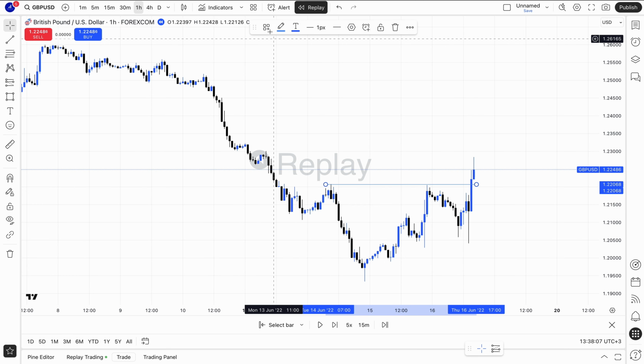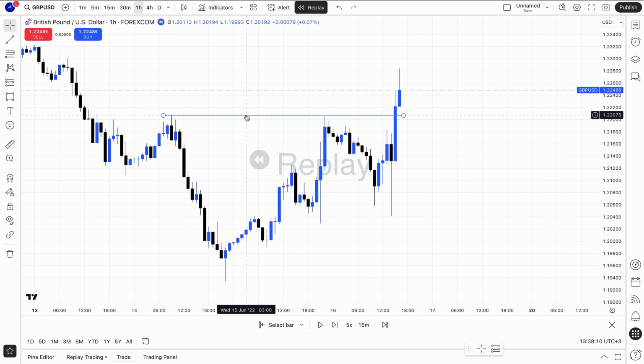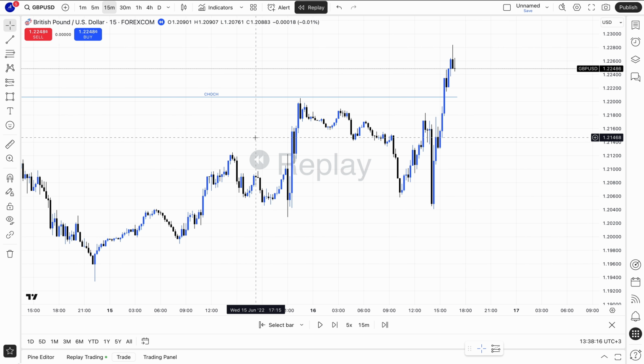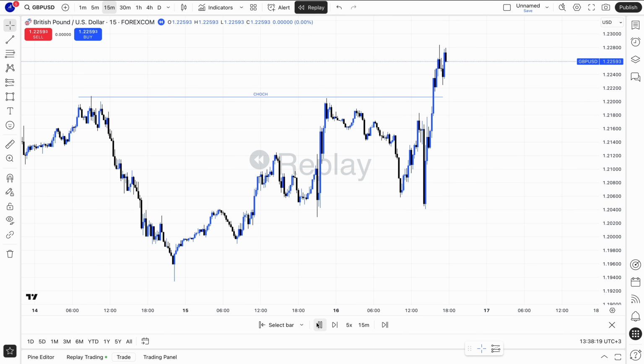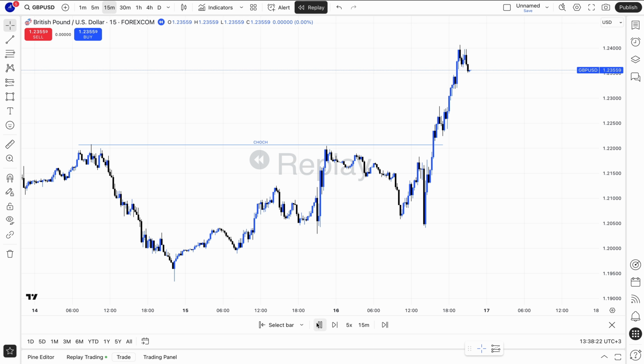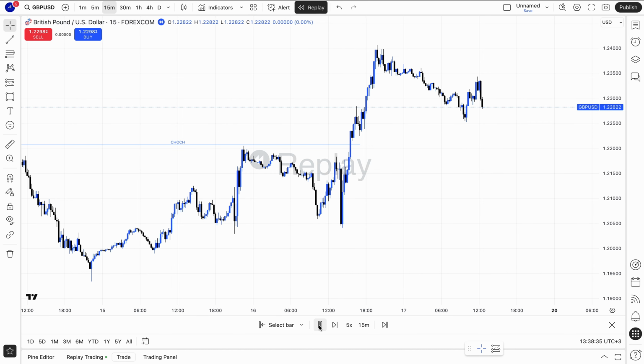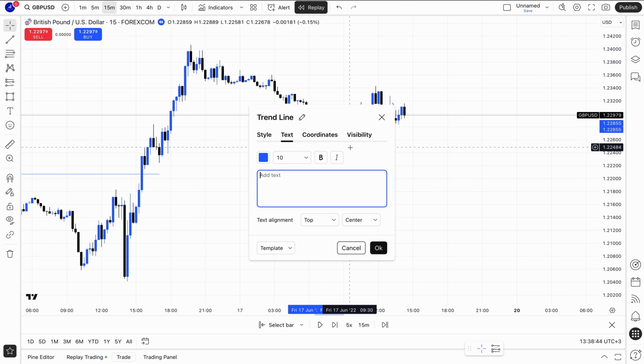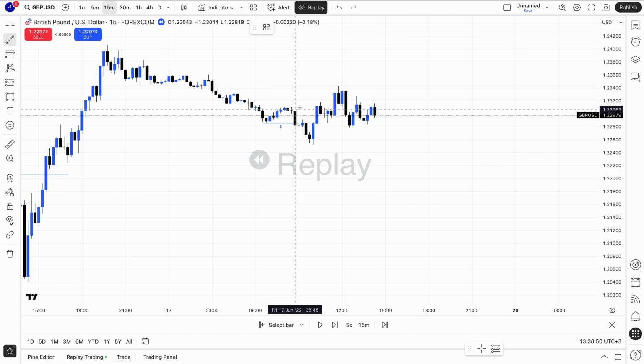External structure to the upside. Liquidity sweep, change of character to the upside.